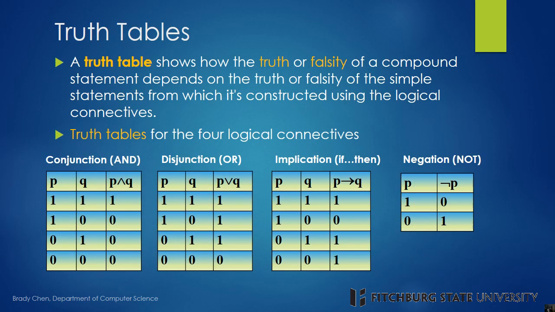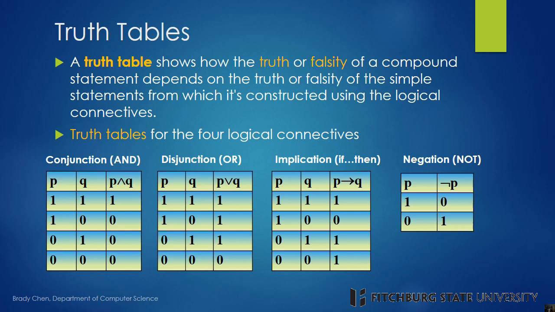So now we have seen how to use two simpler propositions to build a more complicated one. However, the question we're going to ask now is, what's the value of this complicated proposition if the value of the simpler propositions is known?